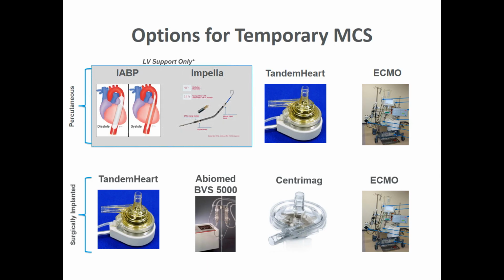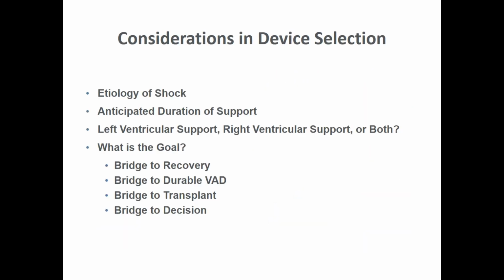Differences between these devices we'll focus on in the next few slides, but realize that some devices can be configured for either left ventricular, right ventricular, or biventricular support, whereas other devices are really useful only for patients with isolated left ventricular failure, such as those shaded on this slide, the balloon pump and the Impella. In general, moving from left to right, there is more support, which means more flow, more auxiliary cardiac output, and more opportunity to support both ventricles.